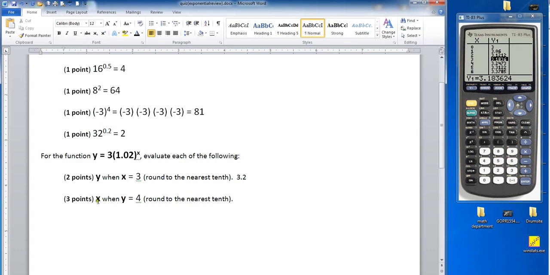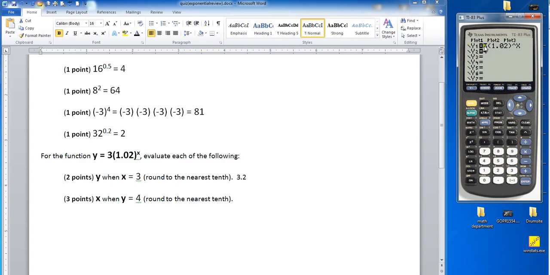Here's where it gets more interesting. Find x when y equals 4. So what's x if that's the case? There are a couple of ways you can do this. One is to use something called a logarithm. I didn't expect anybody to do that. What I expected you to do was something like you would have done in Math 95, and we did once or twice here, which was graph y equals 4 in y2, and then get a decent window to see these intersections.